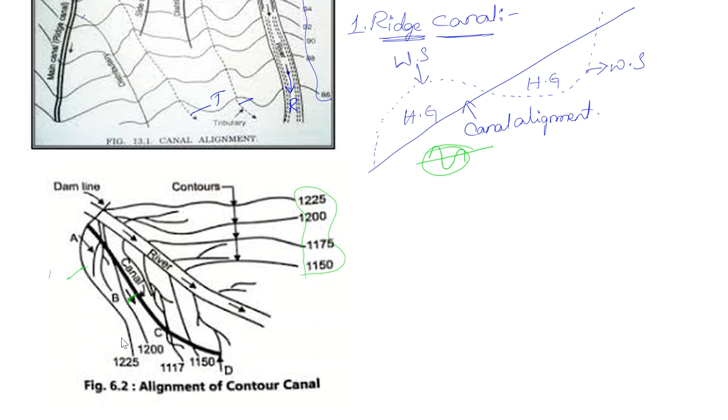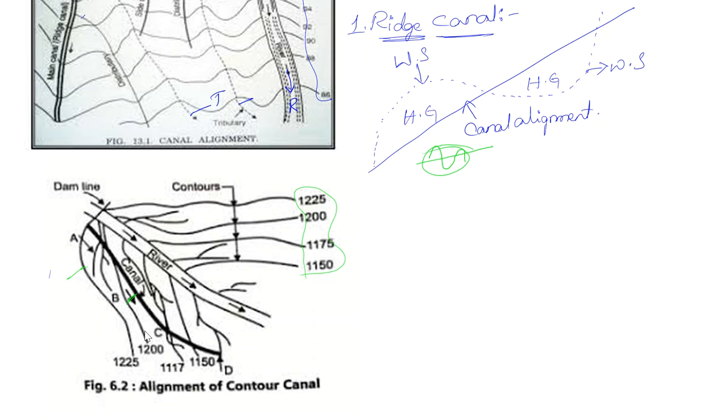Because of this, this is called a one side canal. Sometimes it is also called a single bank canal. Because only one side of it can be cultivated, it is also called a single bank canal. The contour canal can irrigate only on one side, and it is quite high.